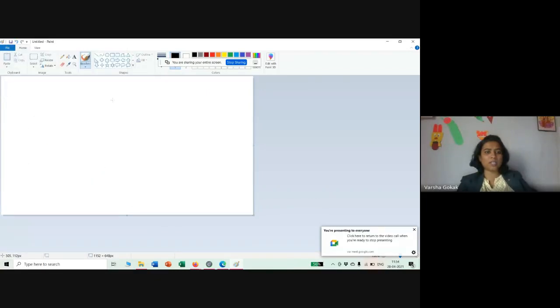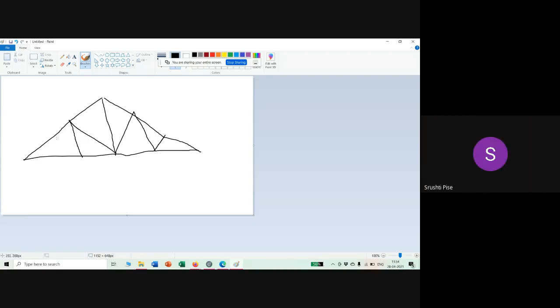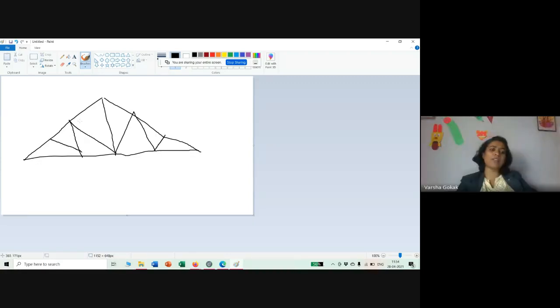Have you seen something like this in a sloping roof? On this they put the sheets and all, right? PUC students, have you seen something like this? I think you have in your mechanics, no?